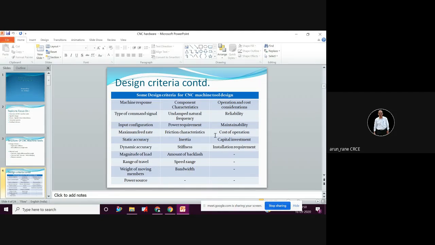Then cost consideration, that is, cost of operation should be less. Remember, as a design engineer you have to design in such a way that it should be manufacturable. Whenever you are designing, we say it is designed for manufacturing, designed for cost, designed for assembly, and designed for maintainability and reliability. These four factors you have to consider. Design for manufacturing means whatever you design should be manufacturable.